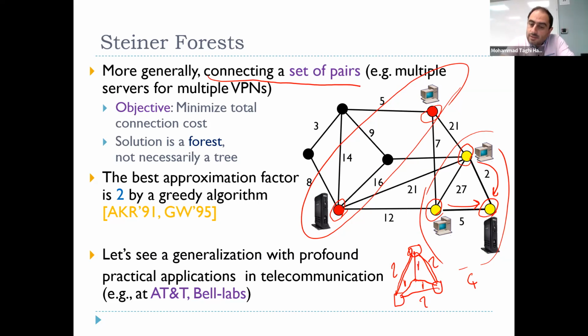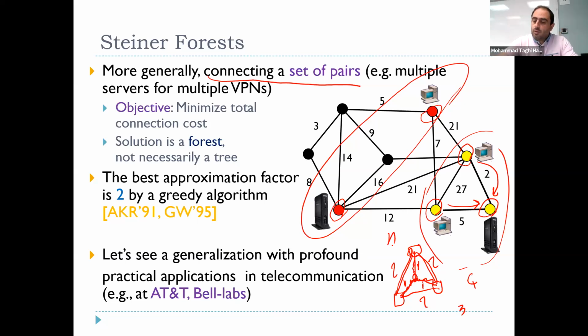It might be the case that these 2 guys can come to this Steiner node, and then from here they can share their path. And then in that case, we are paying 3 essentially. This is actually a wheel of size 3. You can actually make it a wheel of size n. And if you make a wheel of size n, then this essentially gives the worst case for 2 approximation for Steiner tree using metric completions.